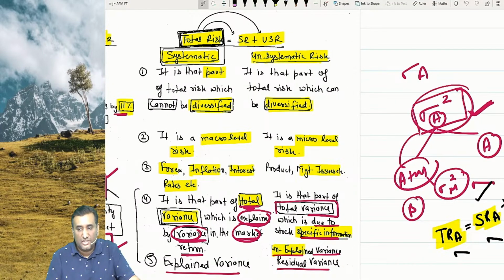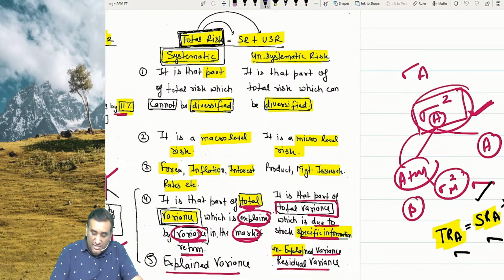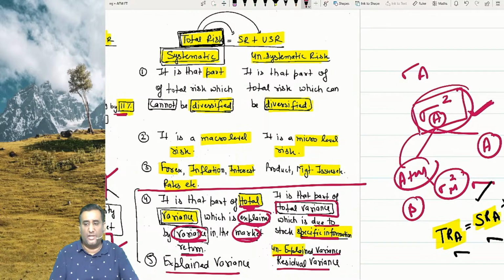Using these definitions, I'll make my formulas also. Total risk is systematic plus unsystematic. You will not have that slide, don't worry. I only have it, so you get it from here only. The first 3 points are very basic points which generally we can say or explain to someone. Systematic risk is that part of total risk which cannot be diversified, cannot be reduced. Unsystematic risk is that part of total risk which can be diversified.